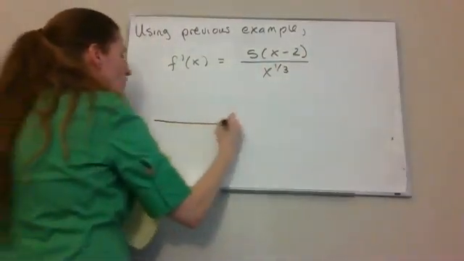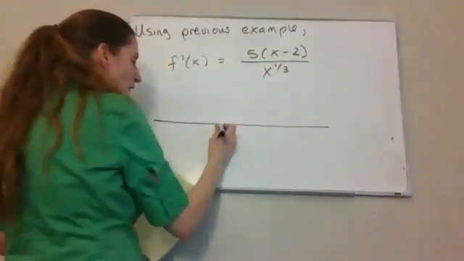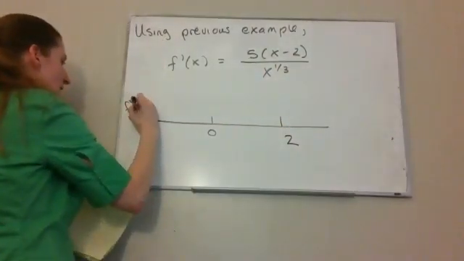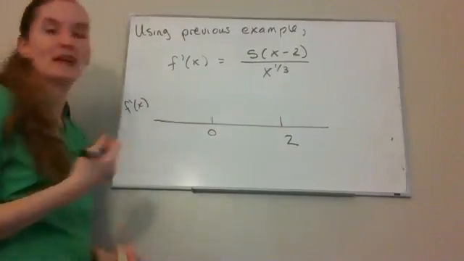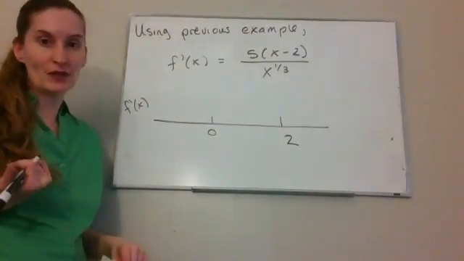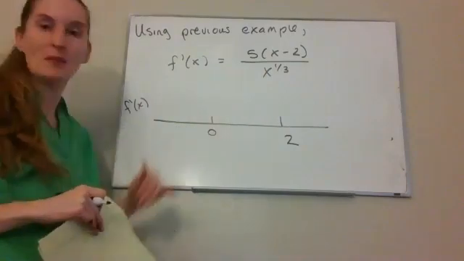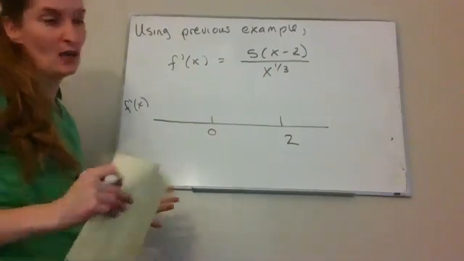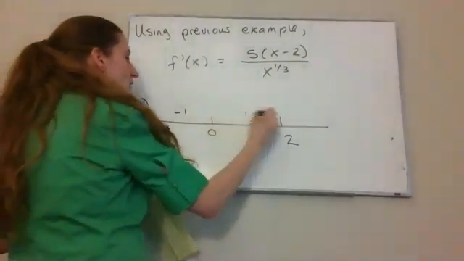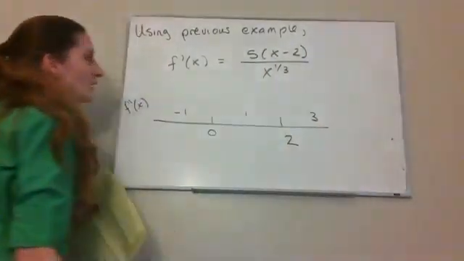And we had found critical points of 0 and 2. So now I can figure out where we're increasing or decreasing, and then we can use that first derivative test to determine which of these is a maximum and which is a minimum, or neither. So let's check -1, 1, and 3.